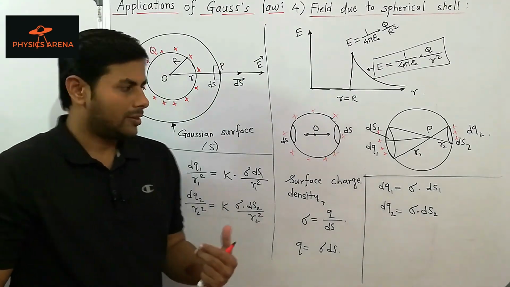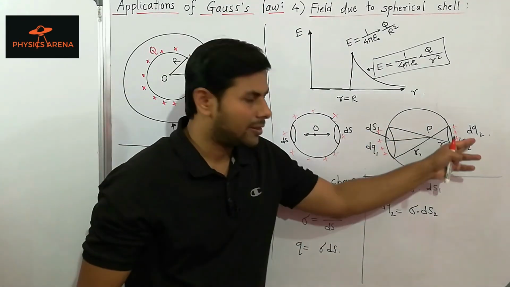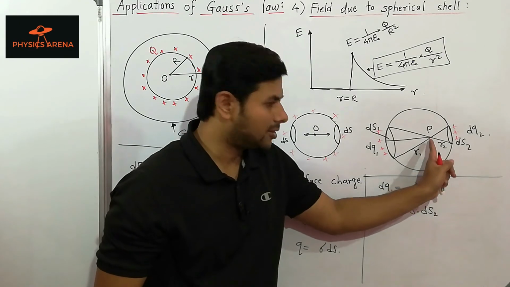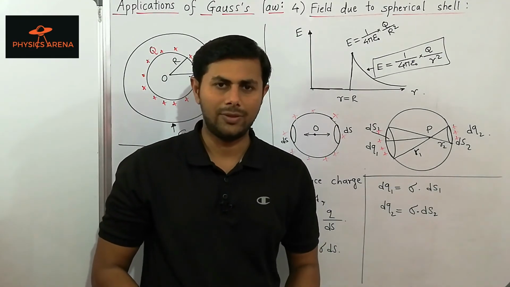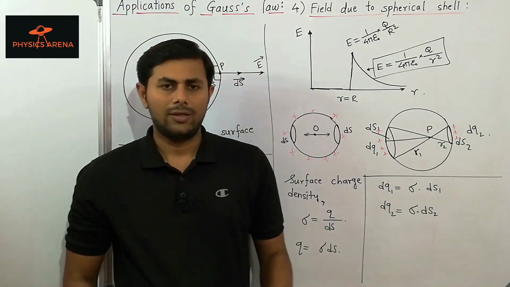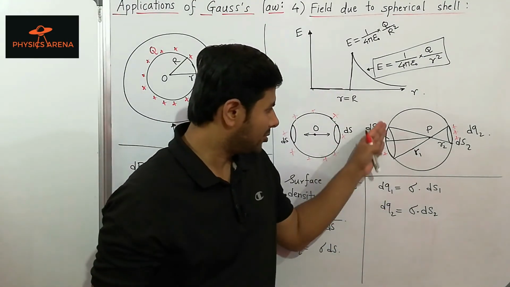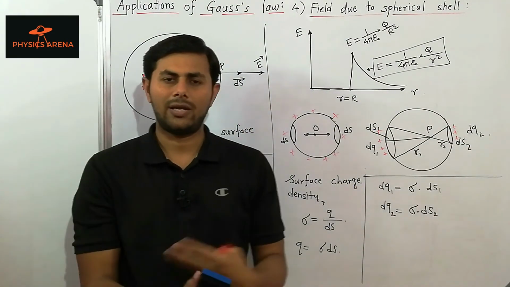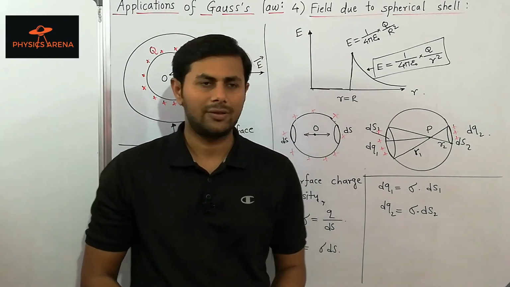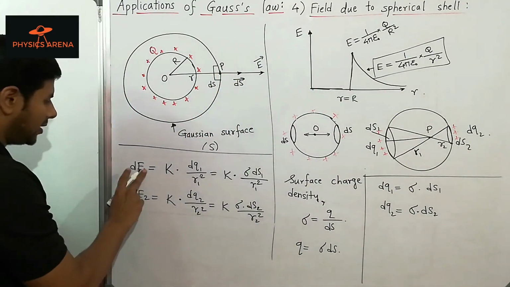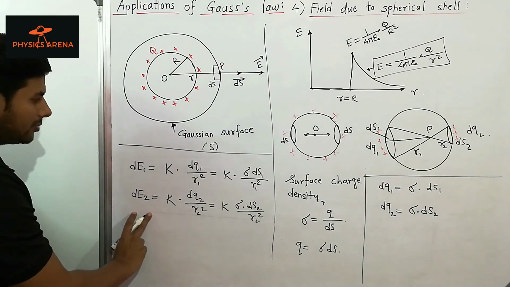Now if the electric field due to this surface and that surface at this point is equal in magnitude, then the total electric field will be 0, because the electric fields due to this surface and that surface are opposite in direction. So the question is whether dE1 is equal to dE2.